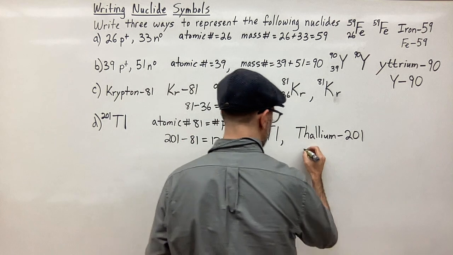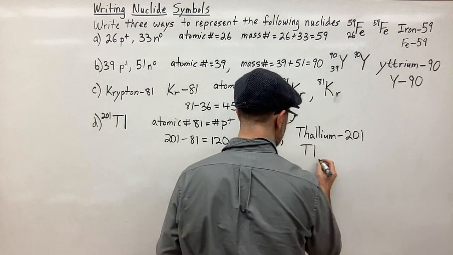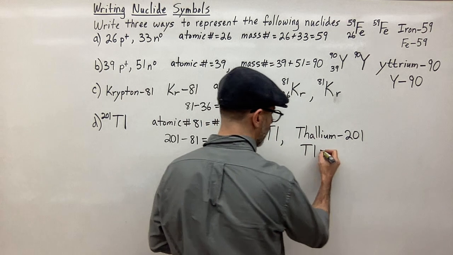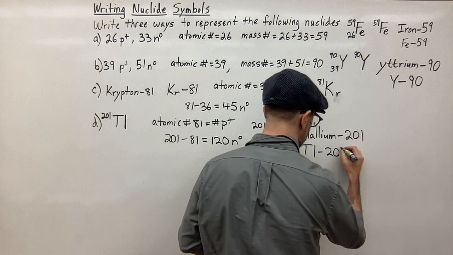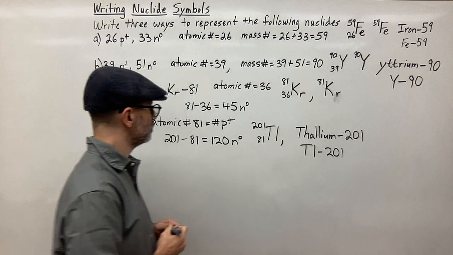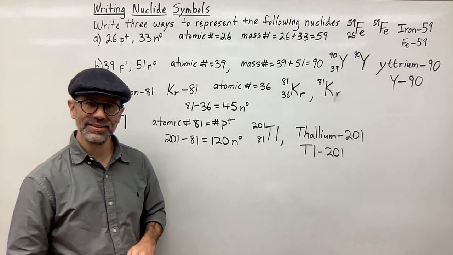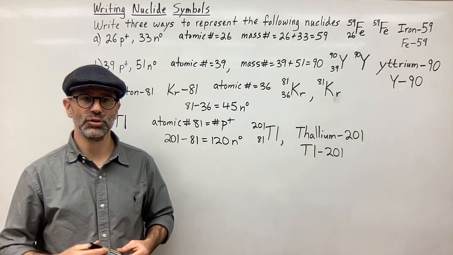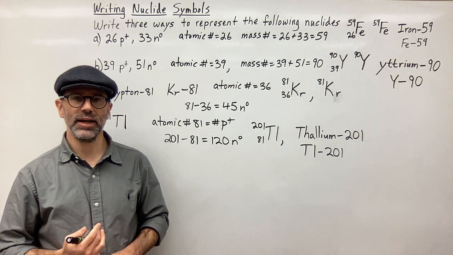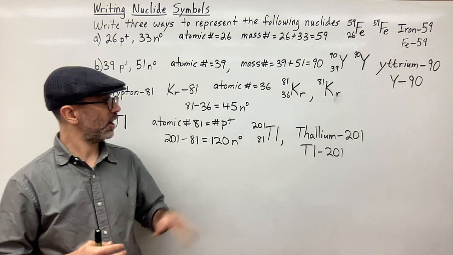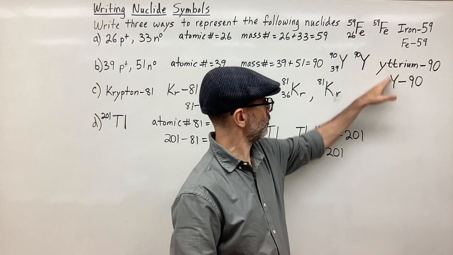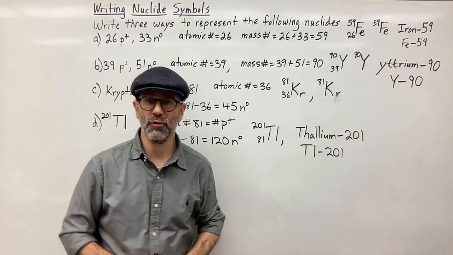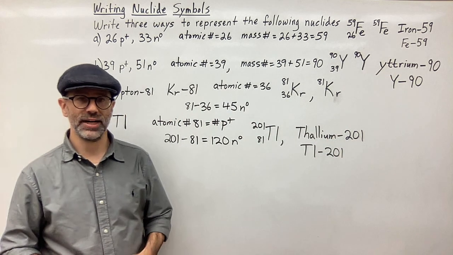Again, you could have Tl, capital T, small l, dash 201 as well. And so that's it, ladies and gentlemen. That's how you write the nuclide symbols. So there's three different ways, maybe four if you count these two as different ways of writing your nuclide symbols.